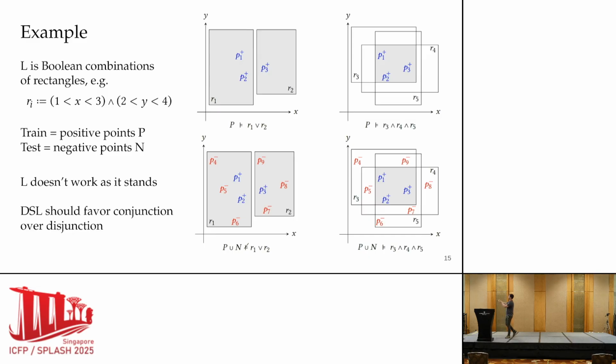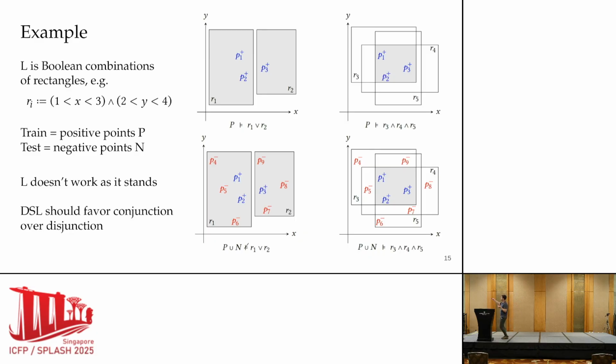So as an example, imagine you're trying to classify points in the plane, and your language consists of some primitives which are specifying rectangular regions of the plane, and you have maybe many of these regions at your disposal, but finitely many. And you're trying to cover some positive points and exclude negative points. And imagine the training examples are positive points and the negative examples are testing points.